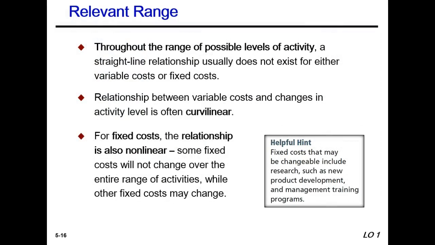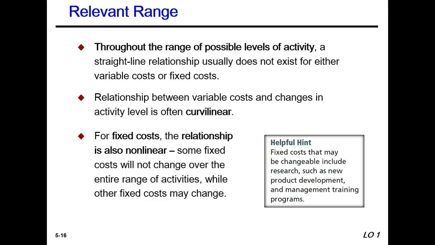Relevant range. Throughout the range of possible levels of activity, a straight line relationship usually does not exist for either variable or fixed costs. The relationship between variable costs and changes in activity levels is often curvilinear. For fixed costs, the relationship is nonlinear.